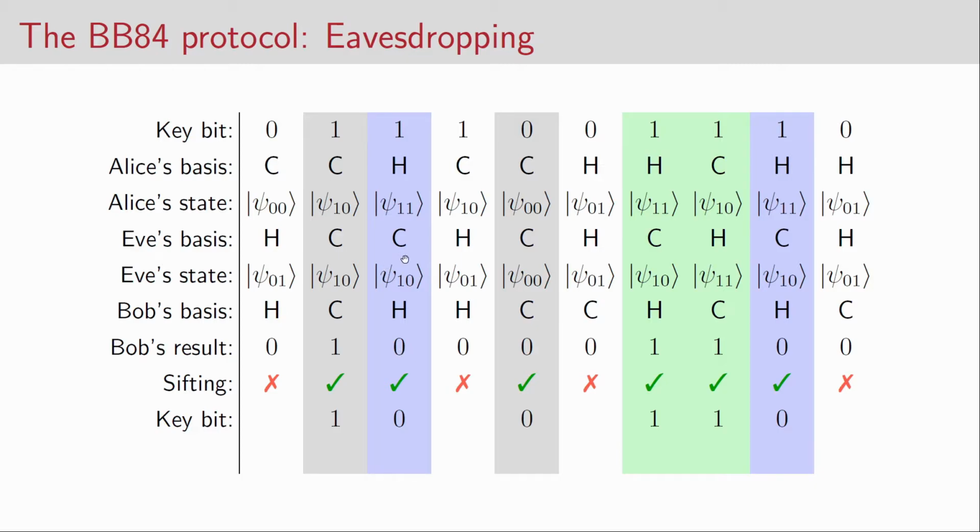And actually her interference with the quantum state resulted in an error in the key bit string. So here, the bit that Bob measures in the end is different than the one that Alice initially wanted to send. But of course, even if Eve has chosen the wrong basis, there's a 50% chance that the result that Bob measures in the end is the right one, because the result is random. So it's also possible that he gets the same key bit that Alice initially wanted to send.